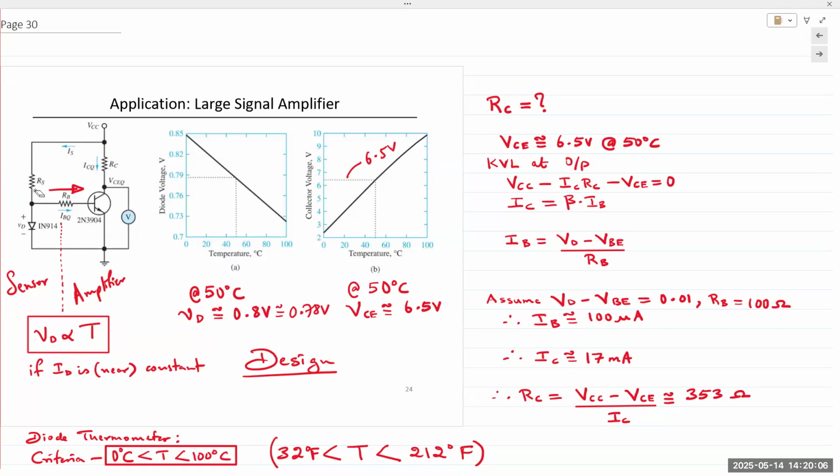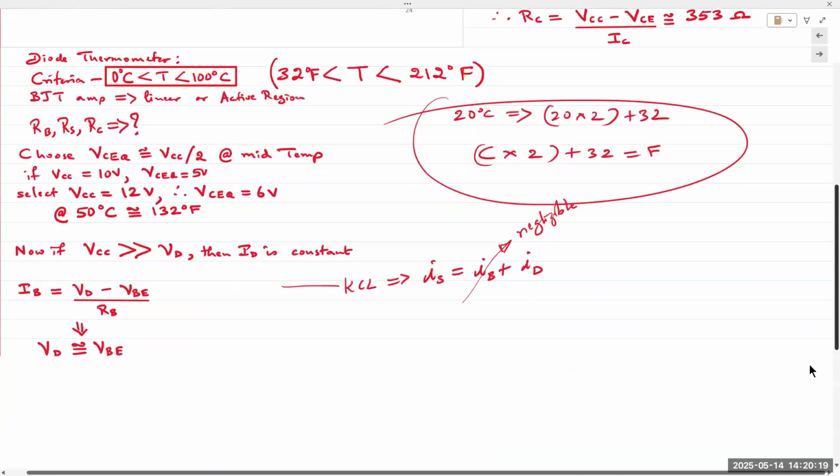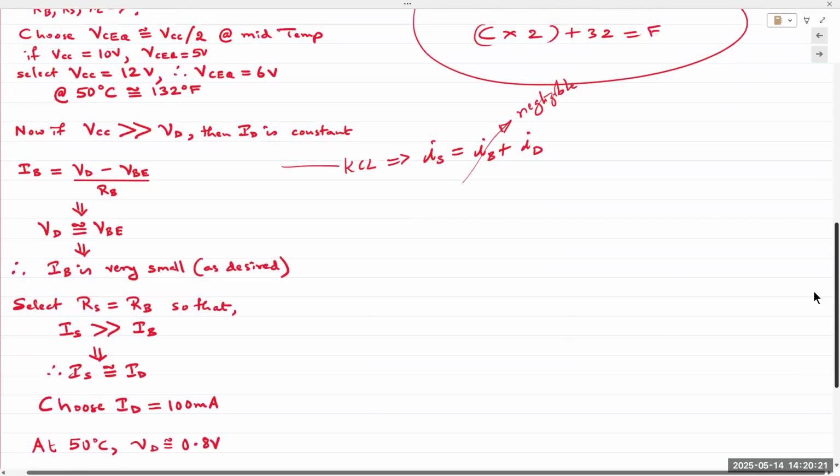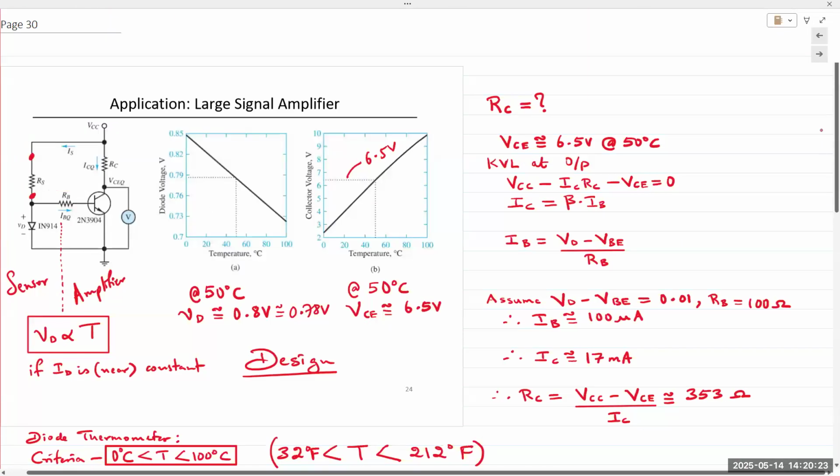To calculate IS, you can simply apply Ohm's law to this resistor right here. RS is connected between VCC and VD. So VCC minus VD over RS gives me IS, right? And then RB is connected between VD and VBE.